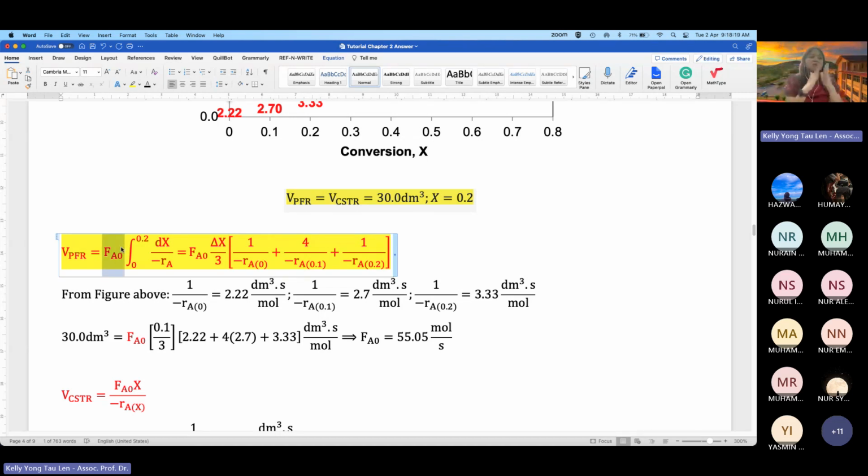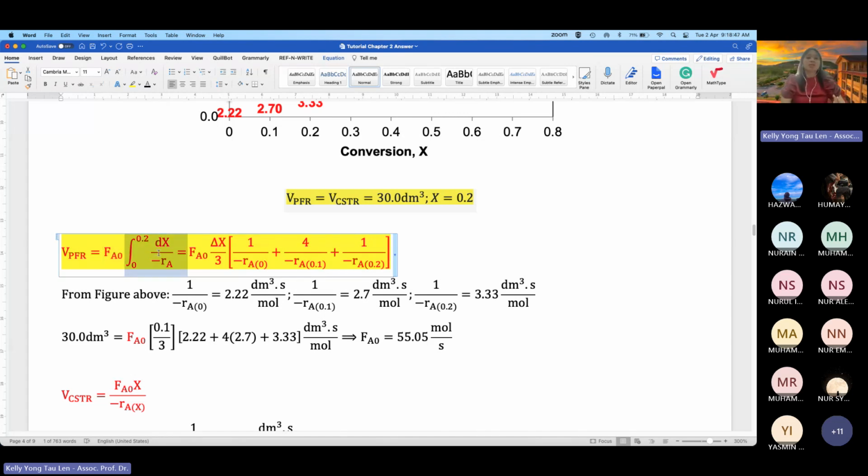Even at this stage, you can see the volume of the PFR you already know, 30 dm cube, so that is one known variable. Next is FA naught, which is the variable that you do not know. So you already have one you know and one you don't know, and you can realize you are probably on the right track. But you have to go to the end of the equation.